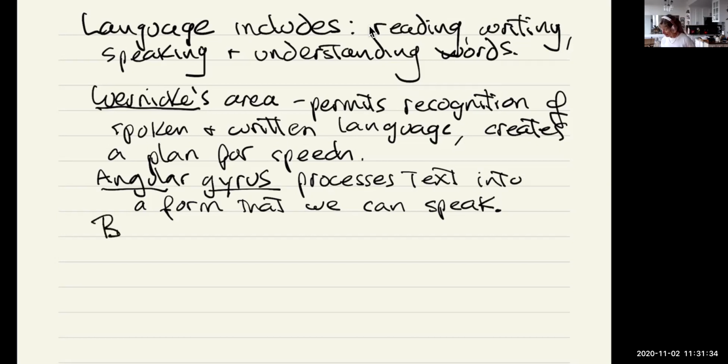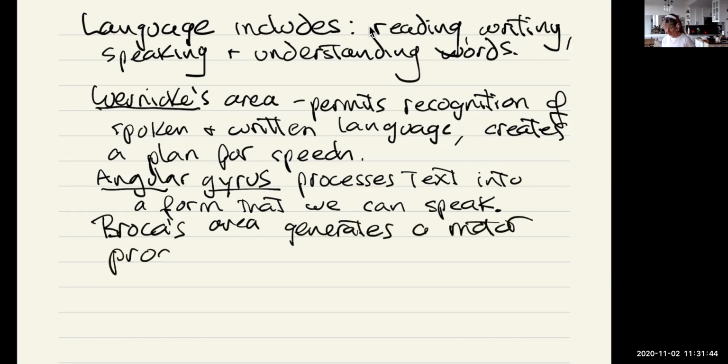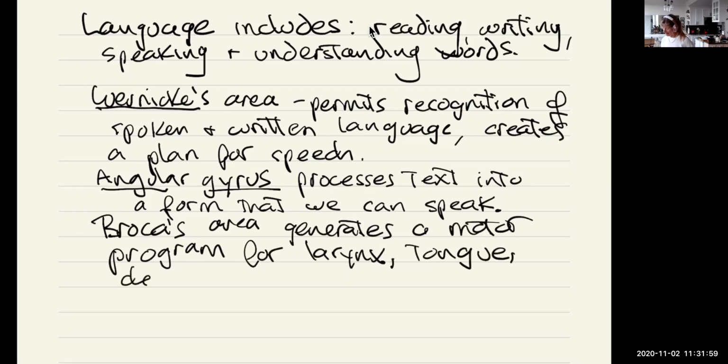So Broca's area generates a motor program for the different parts of the mouth that are involved in speech: the larynx, where your vocal cords are, the tongue, cheeks, and lips.